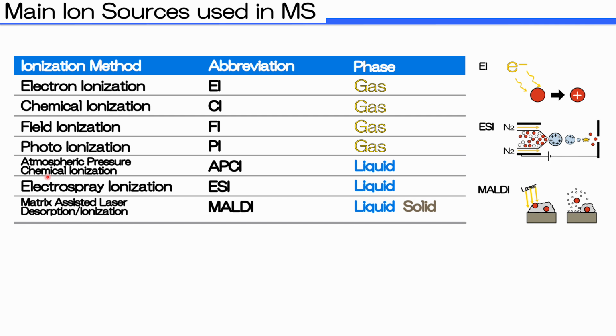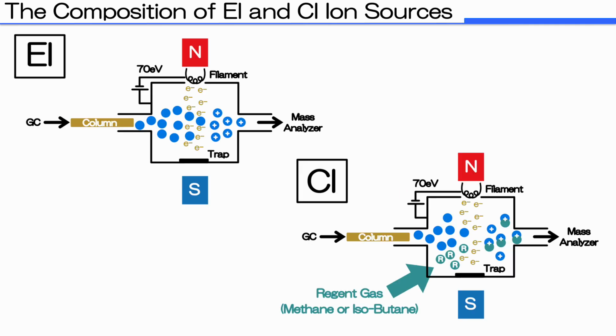Atmospheric pressure chemical ionization and electrospray ionization are the most common ion sources for LCMS. Electron ionization, EI, is mostly used in GCMS. And chemical ionization, CI, is sometimes used, so I have included both description figures on this slide.